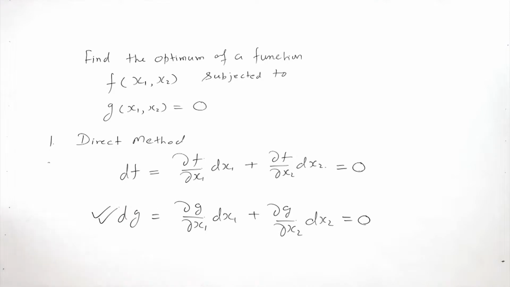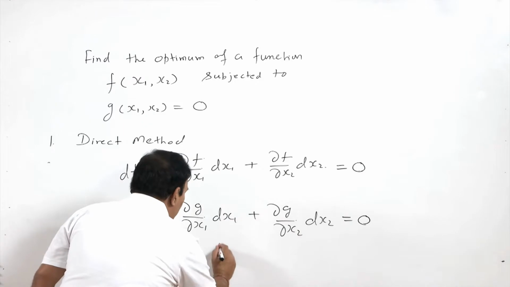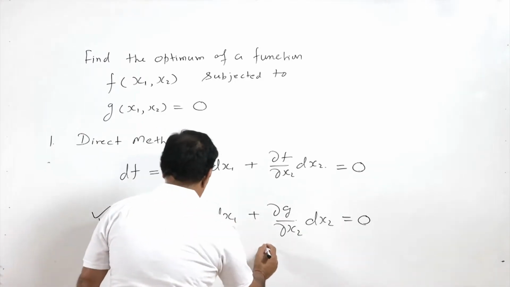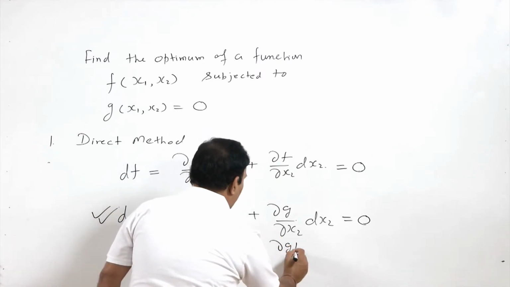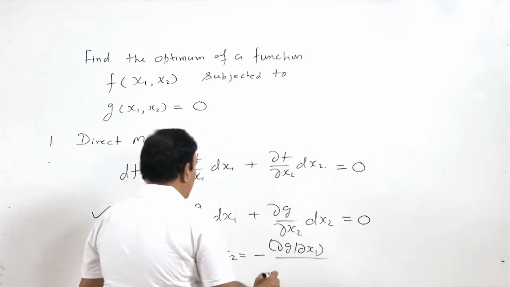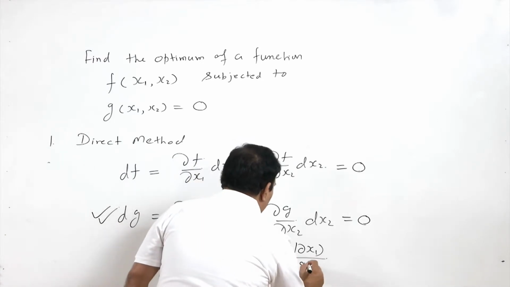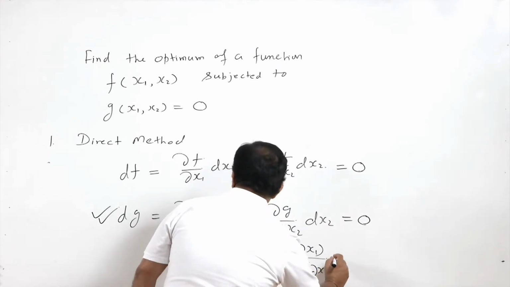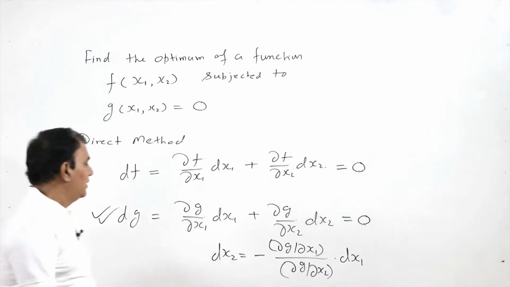So, that we are finding from the dg equation. By this equation, I can simply write dx2 as minus del g by del x1 divided by del g by del x2 multiplied by dx1.